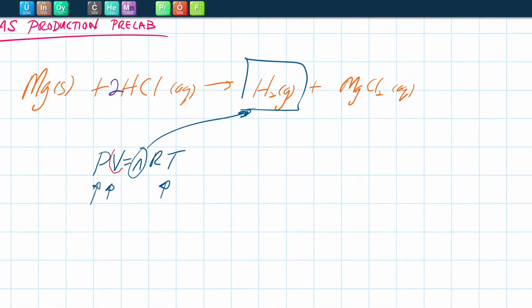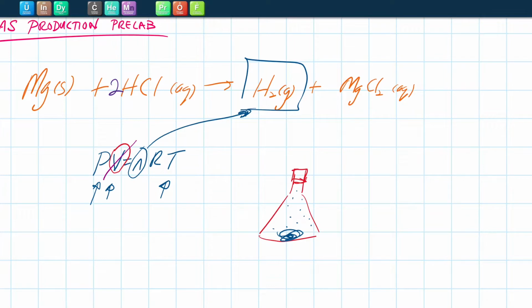Well, let's try to keep volume constant by making sure that whatever gas we produce gets trapped in a container with a known volume, like an Erlenmeyer flask. So what if we perform a reaction in here that produces our gas? The gas is trapped in this volume, so we can keep that volume fixed.